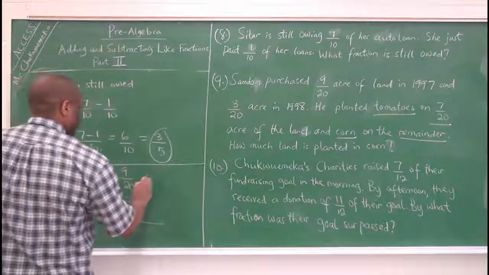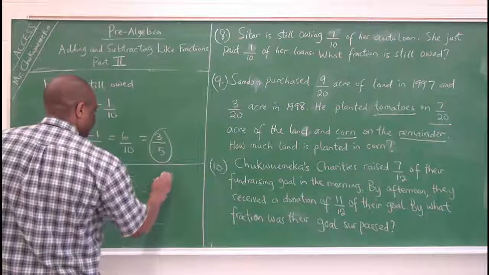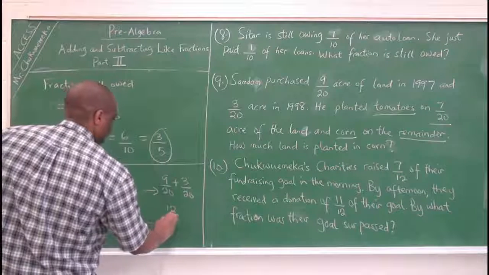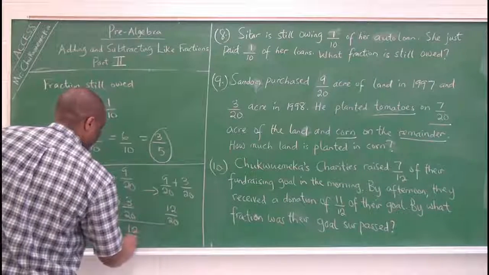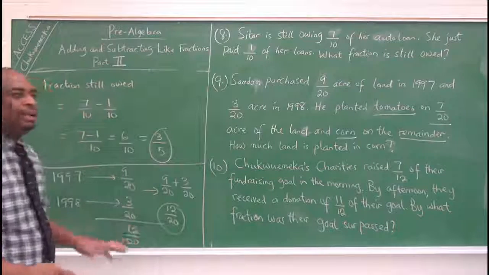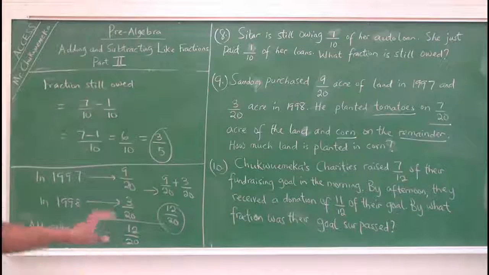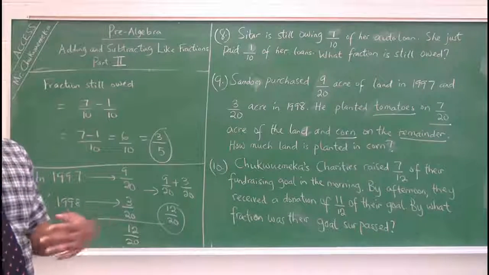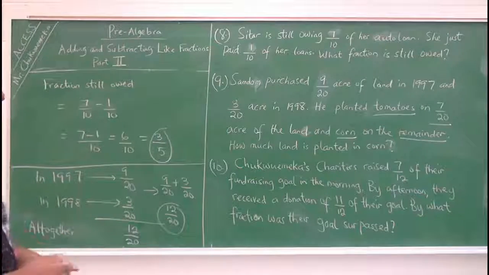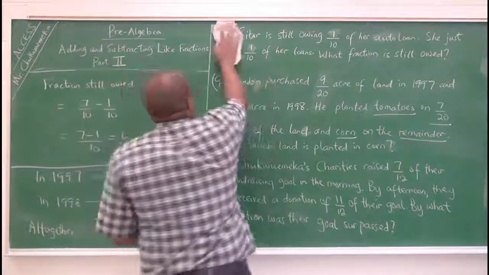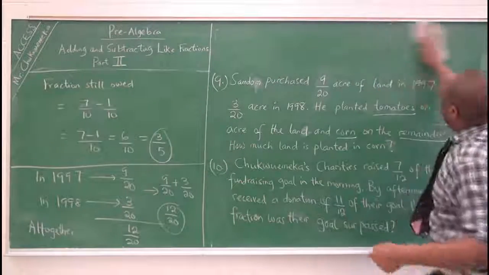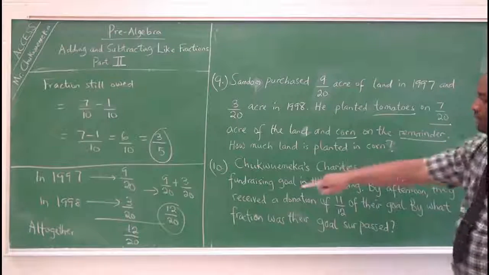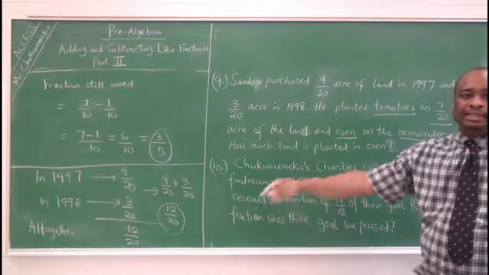So this gives 9 out of 20 plus 3 out of 20, and that gives us 12 out of 20. Let's leave it as 12 out of 20 first. Let us not simplify it now. Let us just work with it the way it is until we get to the final answer, then we can simplify it. So this is 12 out of 20 acres that he bought.